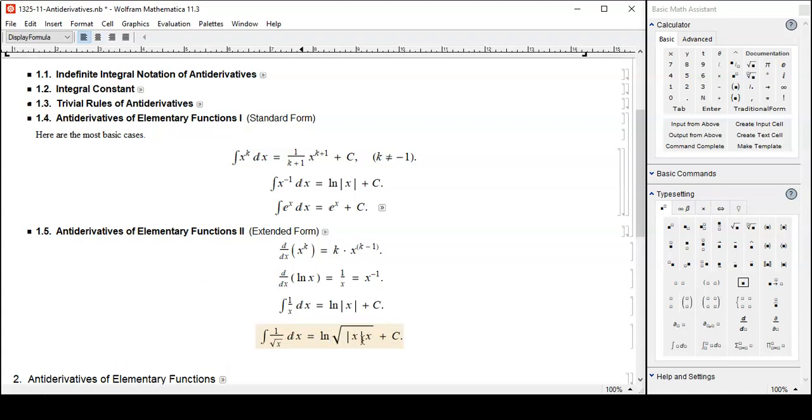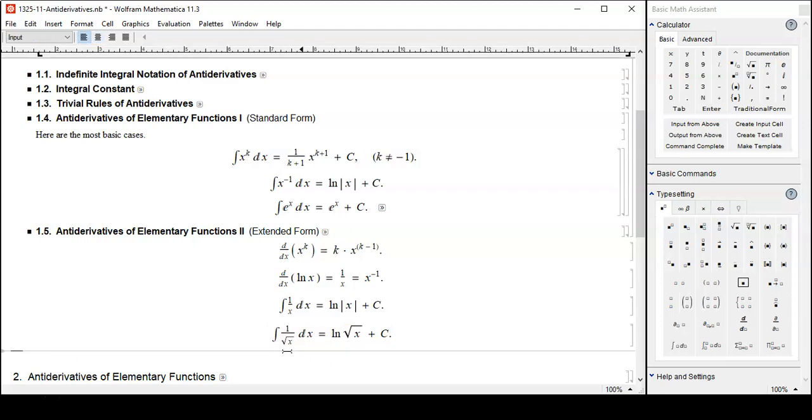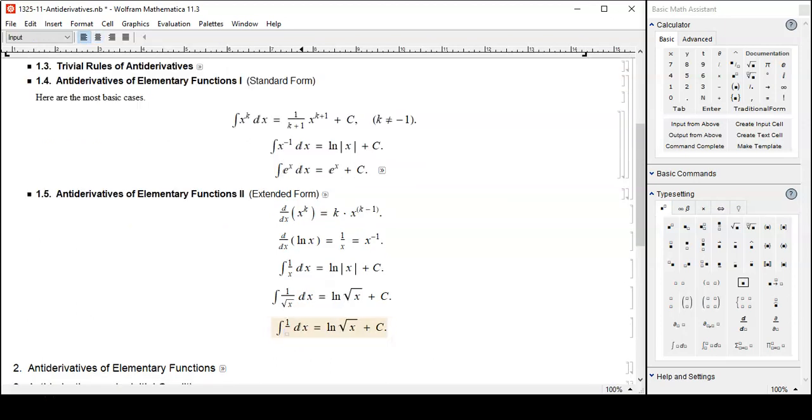Like this. 1 over something, so automatically it's log. So another one. 1 over something, so automatically it's got to be log. Well, both are wrong.